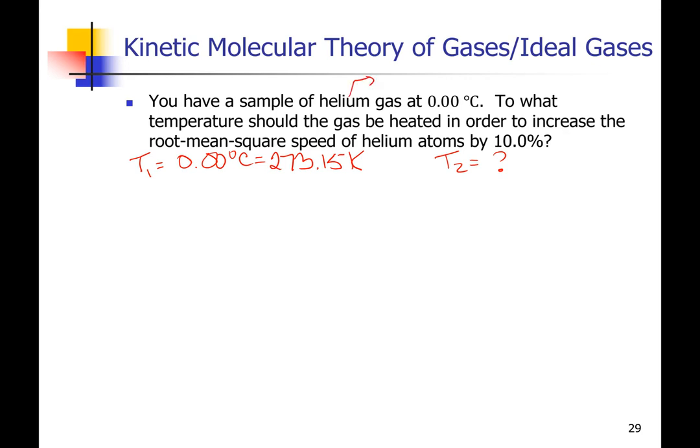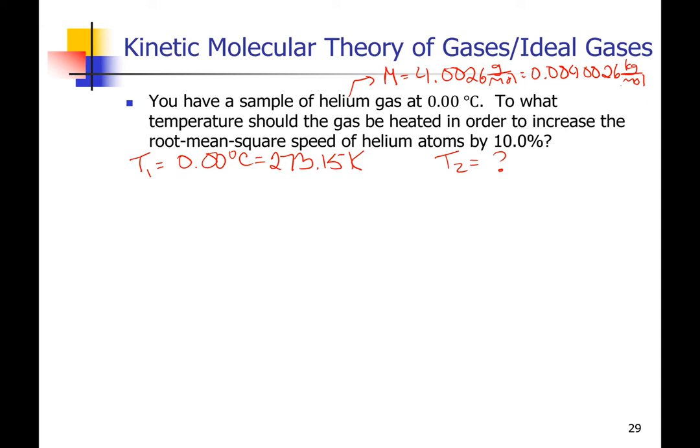Because we are talking about helium, we know that our molar mass will be equal to 4.0026 grams per mole, or 0.00400026 kilograms per mole.